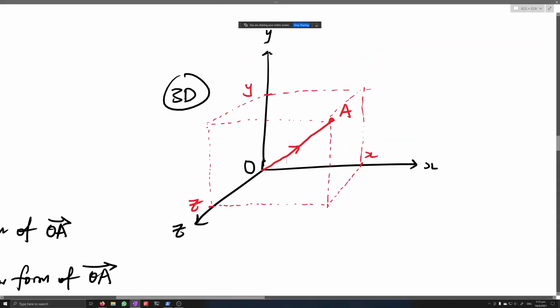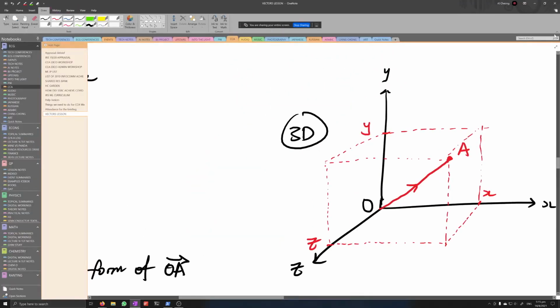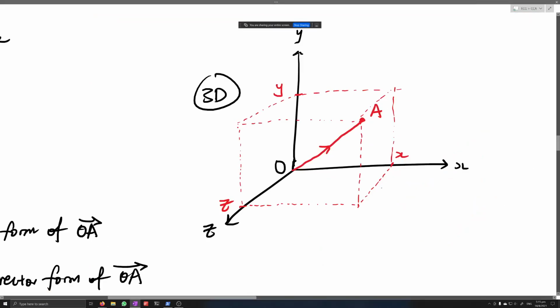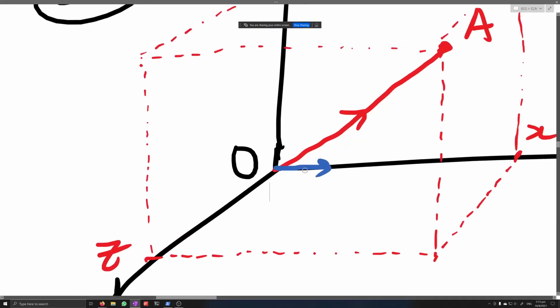Then in that case, we are going to define our unit vectors. Here we have i hat, here we have j hat, and here, in the z direction, k hat.